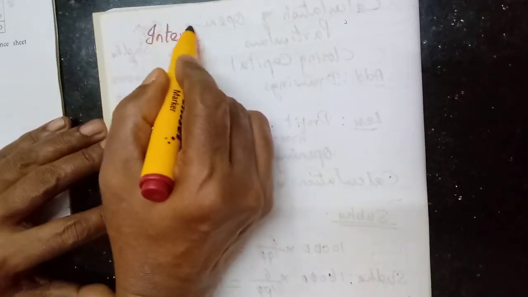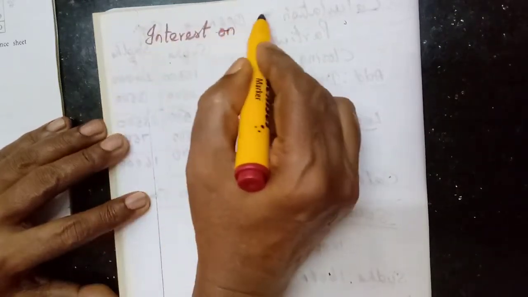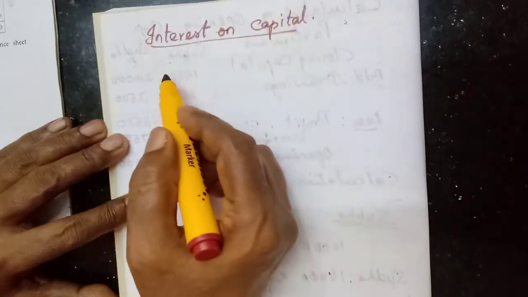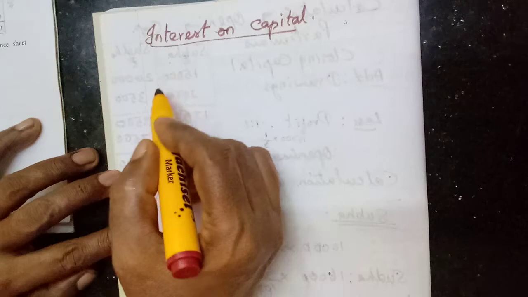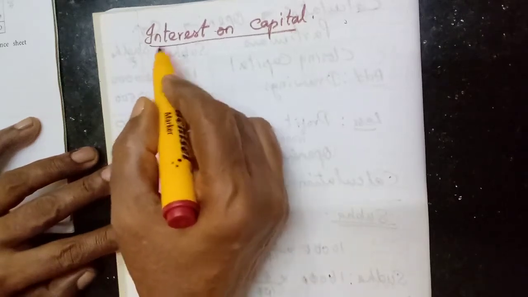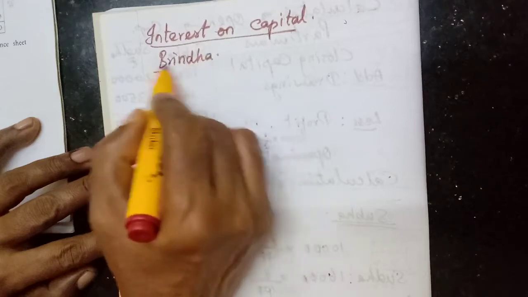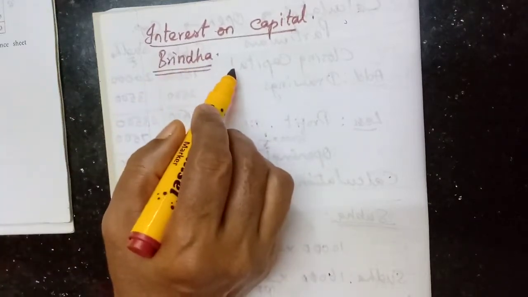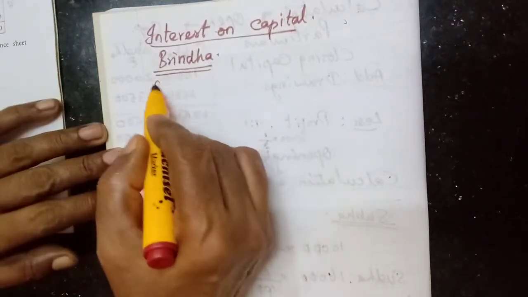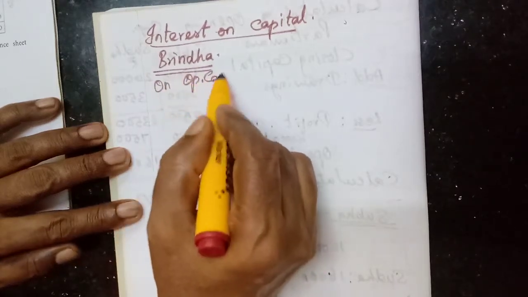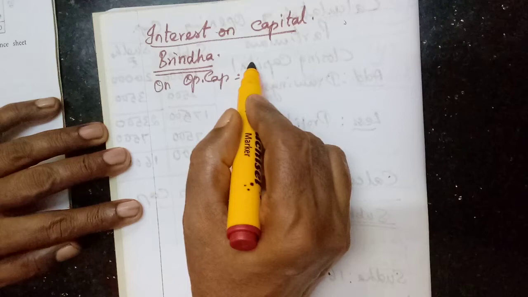Interest on capital. Now, first partner Brinda. Here, two capitals are available, isn't it? First one opening capital, next one additional capital. So, first you write on opening capital. How much is the opening capital?